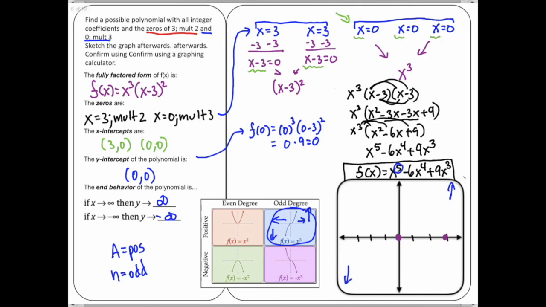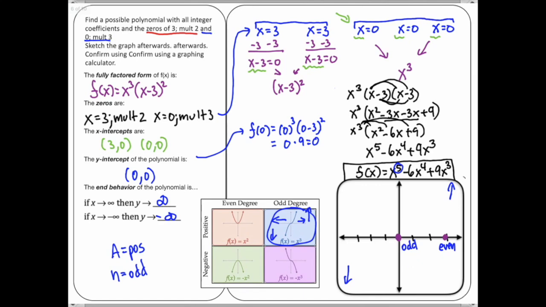Something to keep in mind from our previous lesson is that there is going to be an odd multiplicity here and an even multiplicity here. So remember, odd multiplicities do that little squiggly through the point, and evens bounce off of the x-axis. They're tangent to it. So let's go ahead and see if we can make one of these.